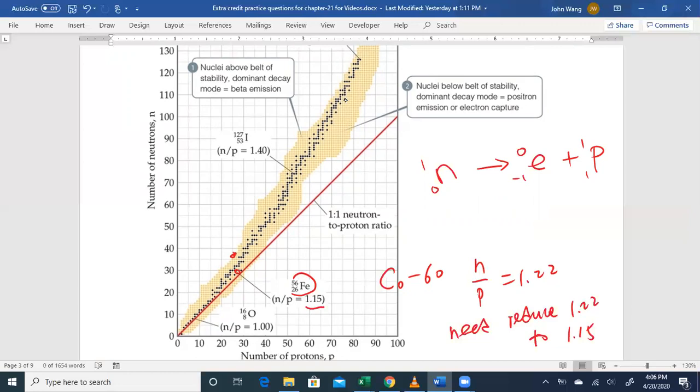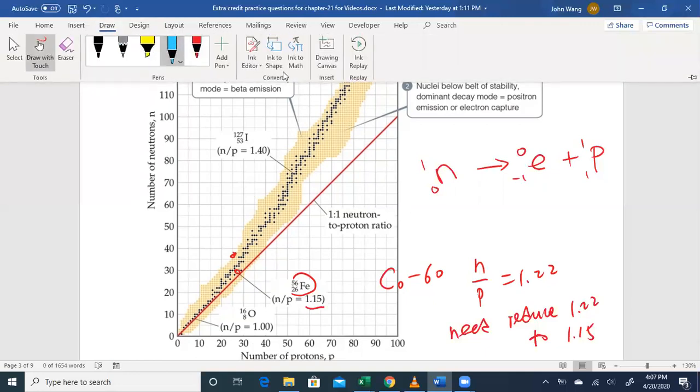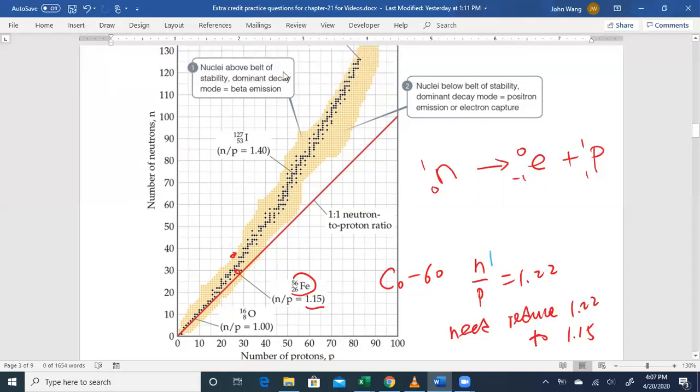So therefore, when beta emission happens, for every beta emission, you will decrease the number of neutrons by 1 and increase the number of protons by 1. If the neutron number decreases and the proton number increases, if I draw the arrows, this goes down, that goes up, and then this ratio goes down.